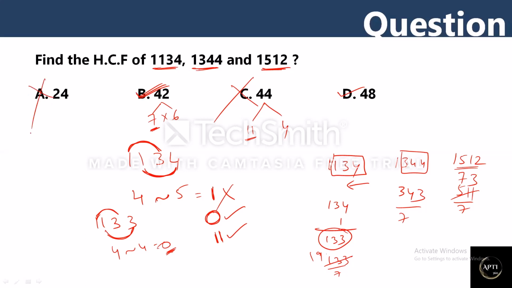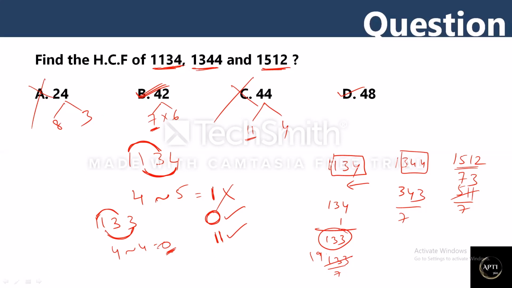Now 48, how are we going to check with 48? For 24, let us consider 8 times 3. If 8 times 3 is 24, then is 1134 divisible by 8?